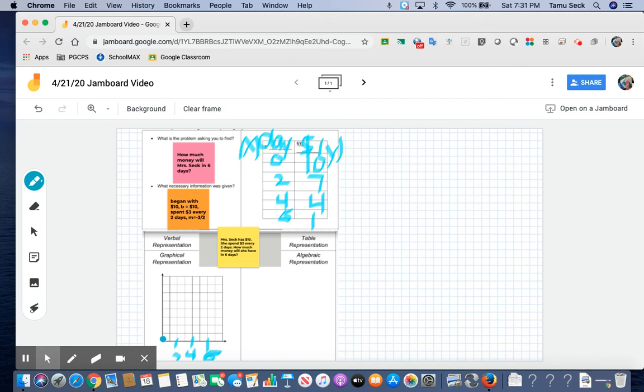And then on the Y side, 2, 4, 6, 8, 10. I'm going to skip count by 2's on the X side, on the Y side.